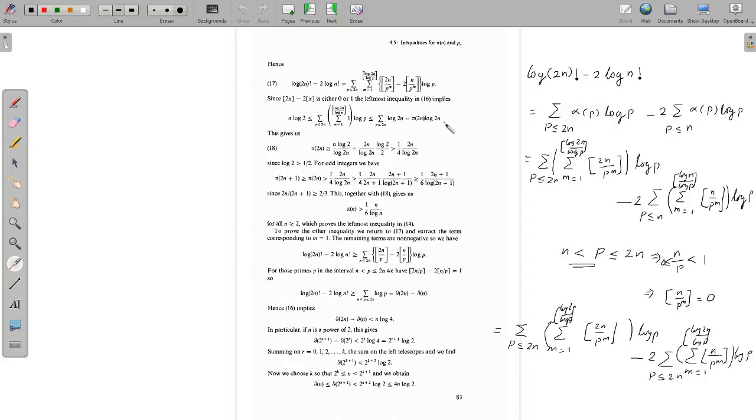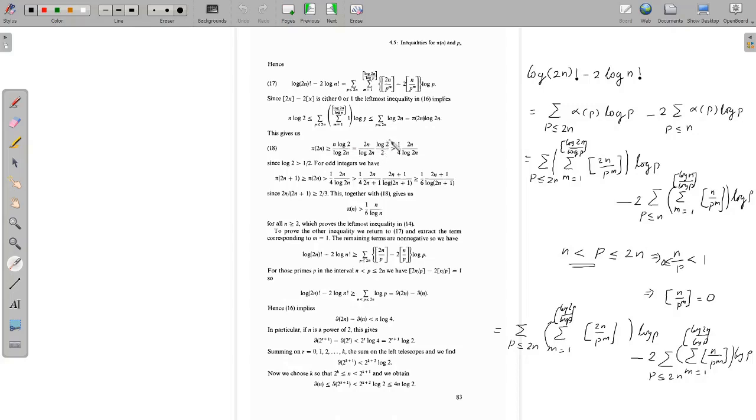That number times log 2n. Okay, now from this equation, by transposing this log 2n to the left, you can write pi of 2n is greater than or equal to n log 2 divided by log 2n. Then, by multiplying 2 on the numerator and denominator, you can write this as 2n by log 2n times log 2 by 2.